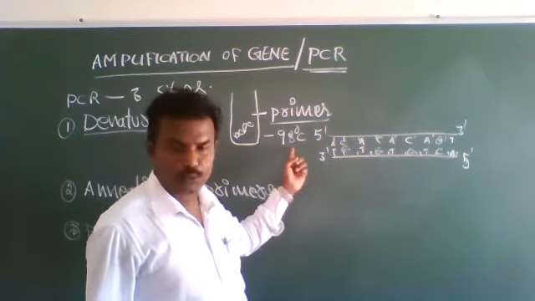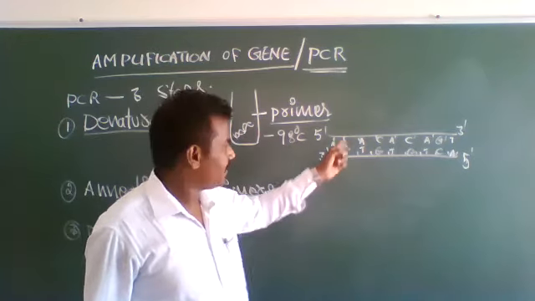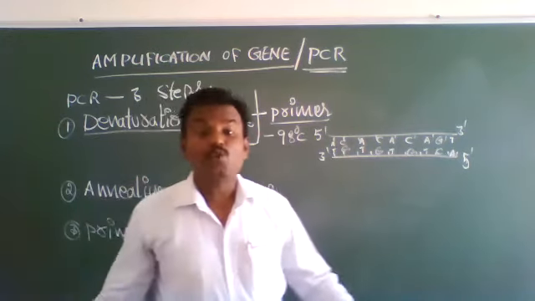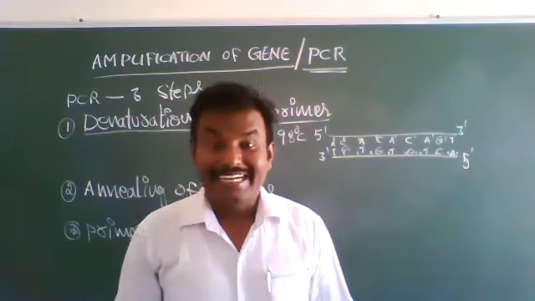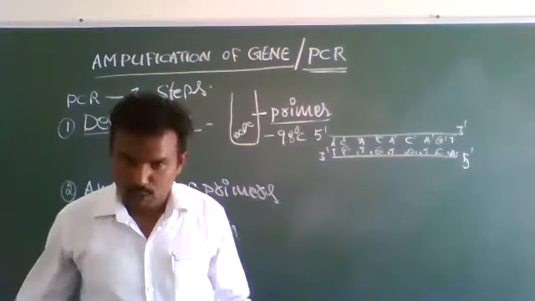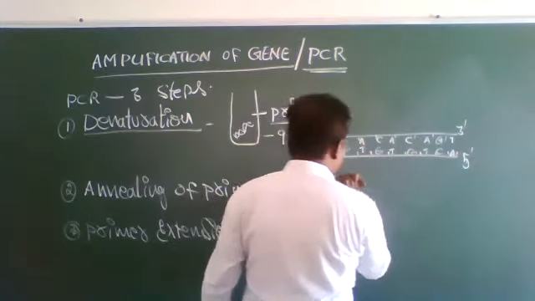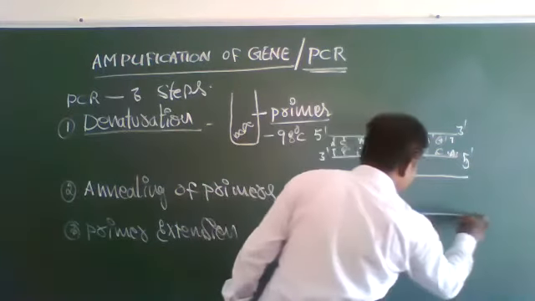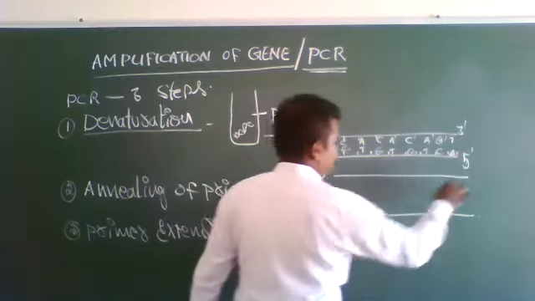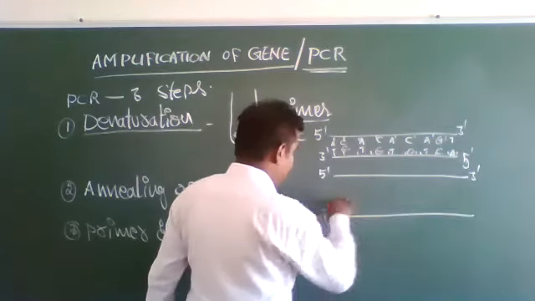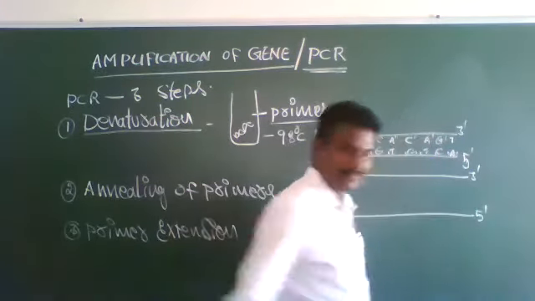When it is heated to 98 degrees centigrade, this double-stranded DNA dissociates, separating into two strands, 5 prime to 3 prime and 3 prime to 5 prime.